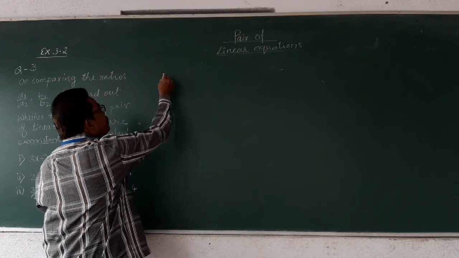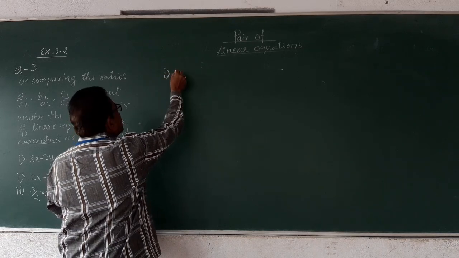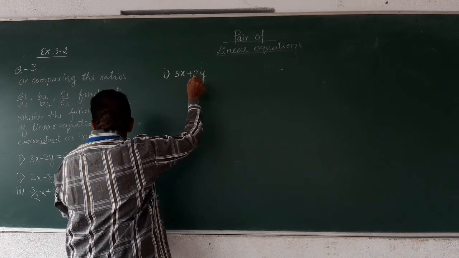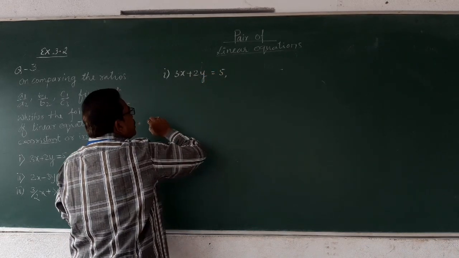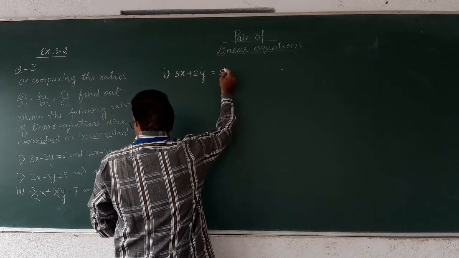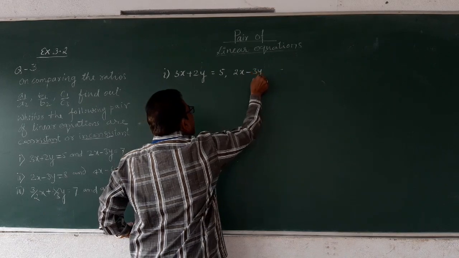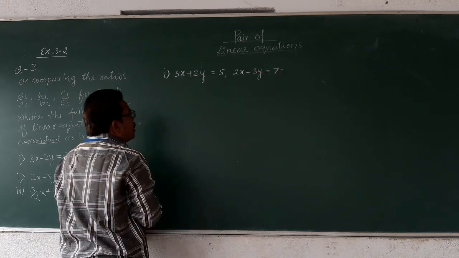First question: 3x plus 2y equals 5, then 2x minus 3y equals 7.